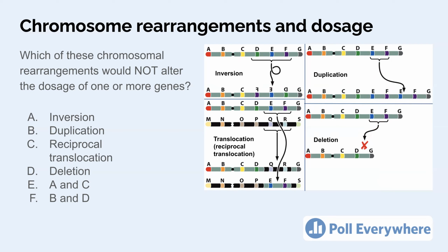Big effects on the recipe. Or even if you're looking at a diploid organism, if you forgot half the butter or added 50% more eggs, those could still have pretty big effects. Translocation, even though these genes are on different chromosomes, they still have the same genetic information. So a translocation here, as long as nothing gets deleted, actually preserves the normal dosage.